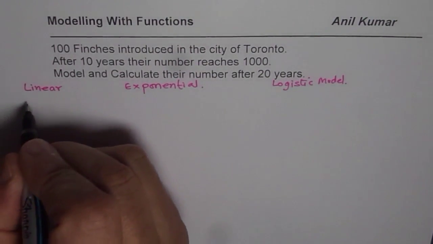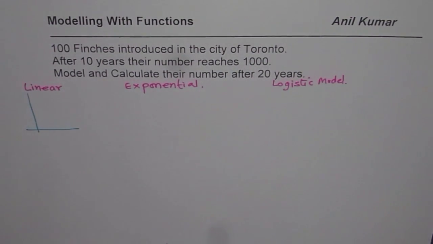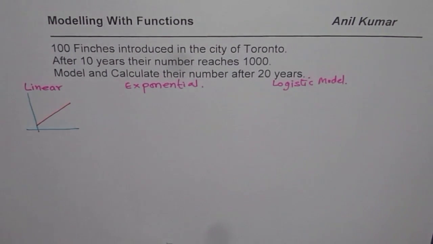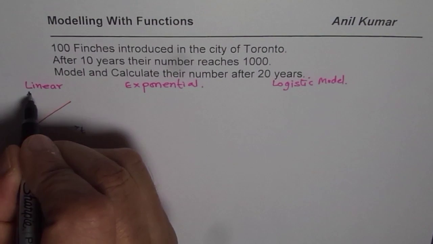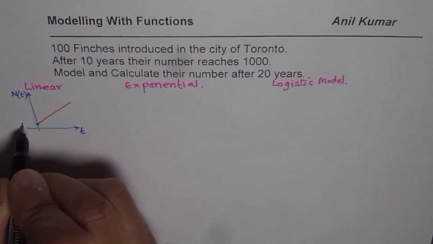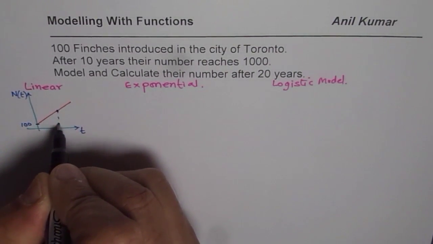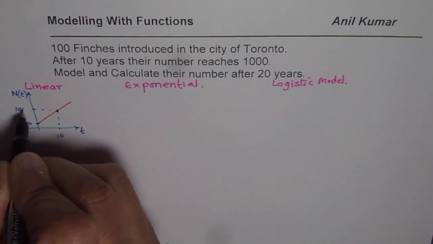Linear model is kind of straightforward. Let us assume that the growth rate is linear. So that is to say you introduce 100 finches and they just go linearly up, right? So here we know one thing, that let's say this is t time, and that is the number of finches with time. So introduction of 100, and after 10 years, let's say that's the point, after 10 years we have 1,000 of these.